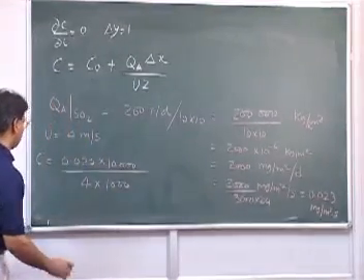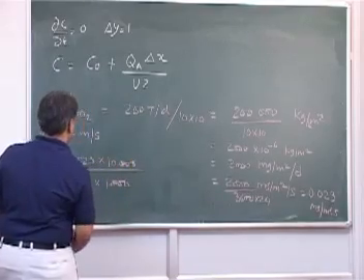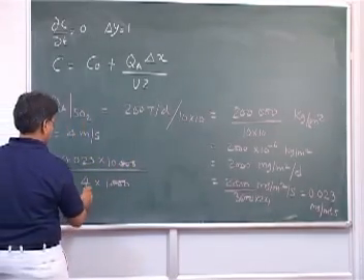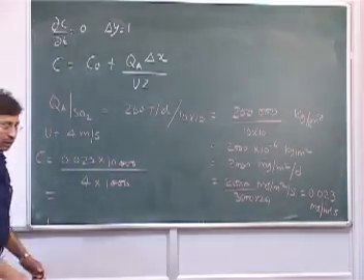Okay, so this gives you how much? This goes off, and this will be 2.5. So I'll give you the exact number.